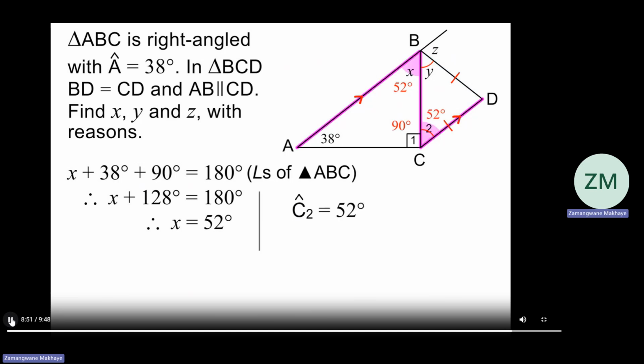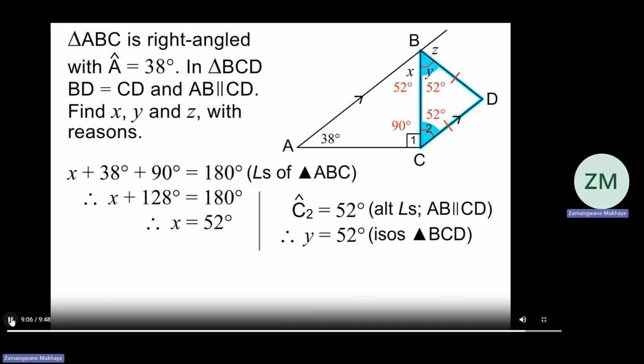Yes, angle C2 is equal to 52 degrees, because alternate angles are equal, and AB is parallel to CD. This means that y is also equal to 52 degrees. And the reason is isosceles triangle BCD.